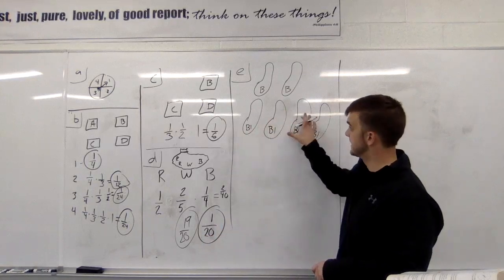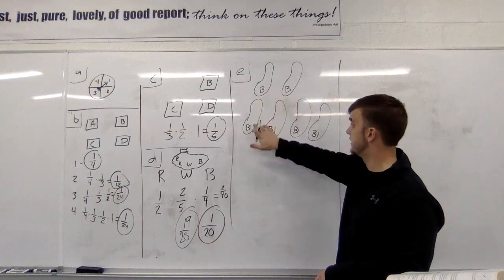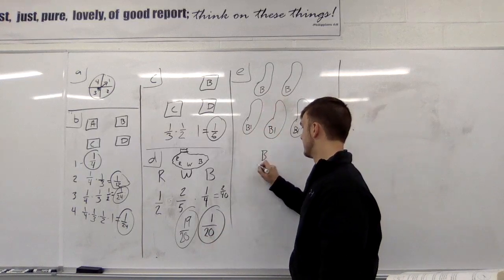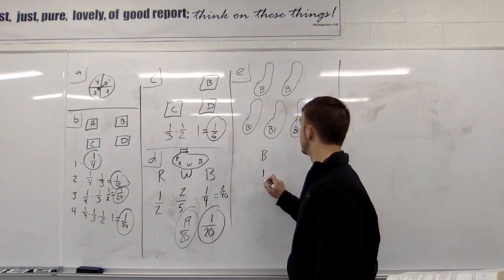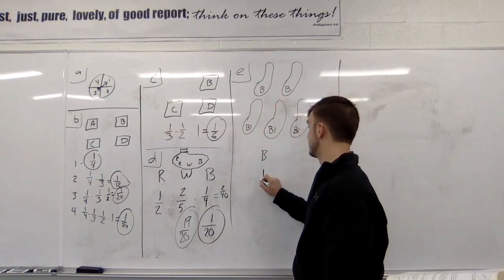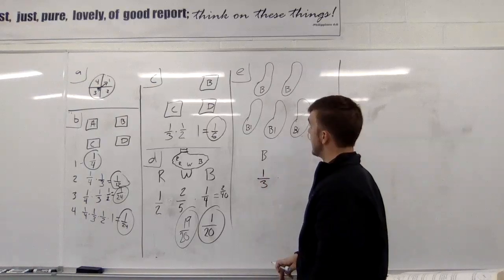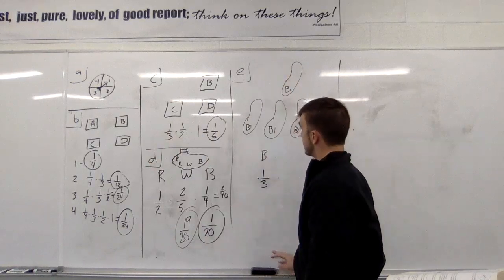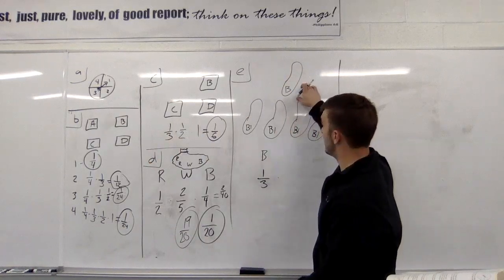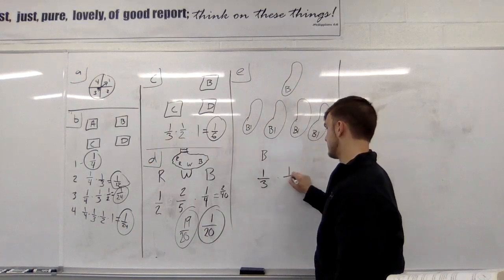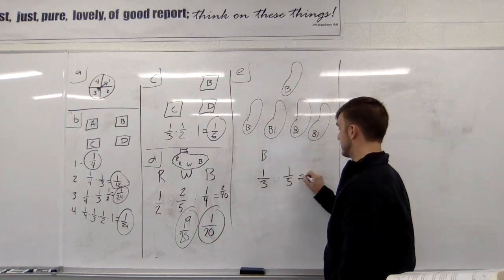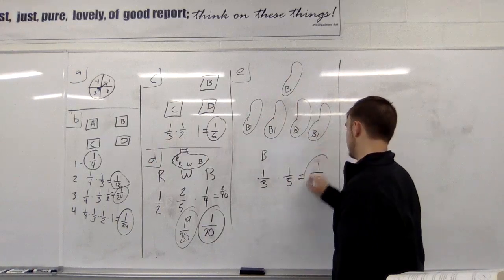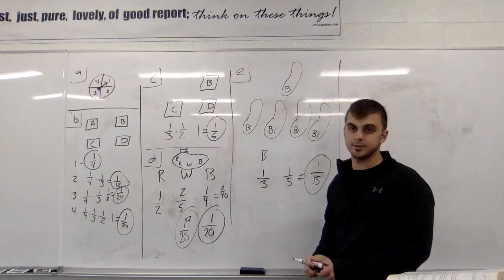That means he had a 2 out of 6 chance, so the first pull for black was 2/6, or 1/3. Now, he pulled out a black one for the first one, so now he has 1 out of 5 remaining that are black. So that's 1/5. So the chance of him pulling out both black socks is 1/15. That's his probability for that one.